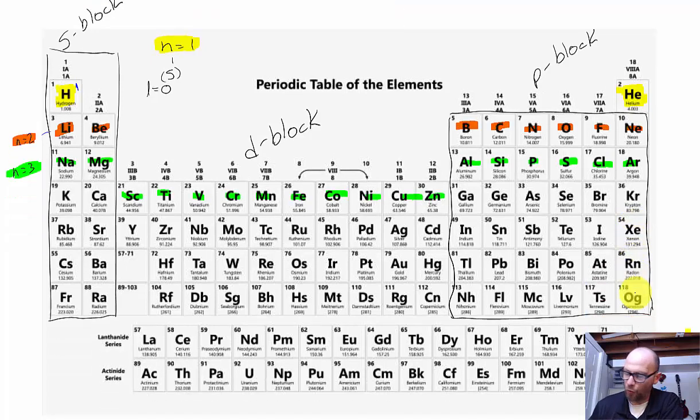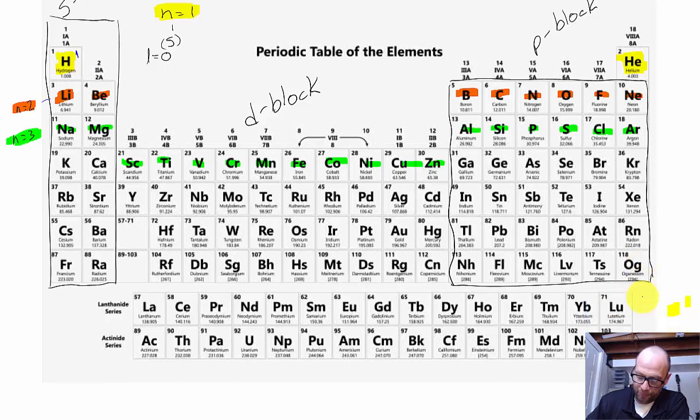At the bottom, and we won't use these very much, where you have all your actinides and lanthanides, this is known as the f block. There are 14 elements across. That means f orbitals can hold a maximum of 14 electrons at any energy level.